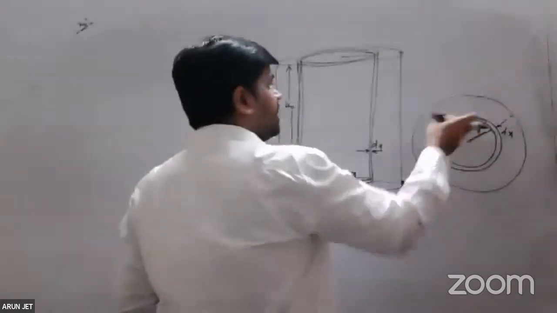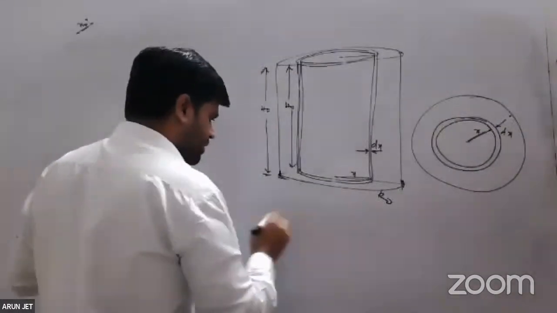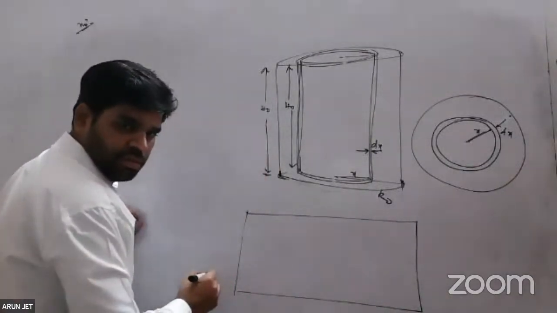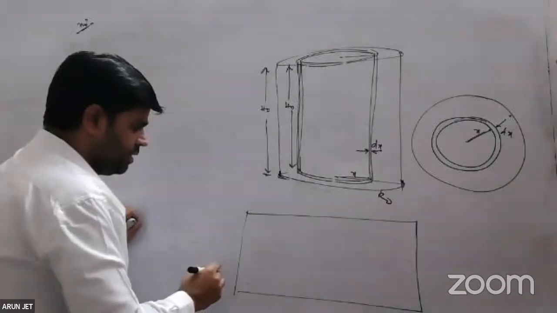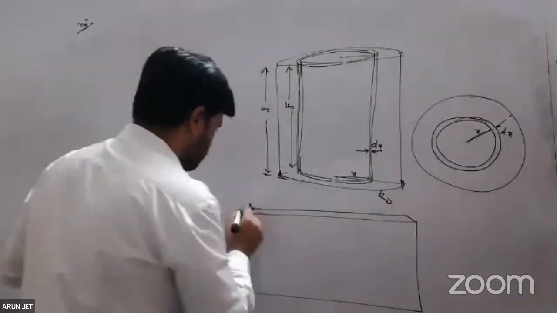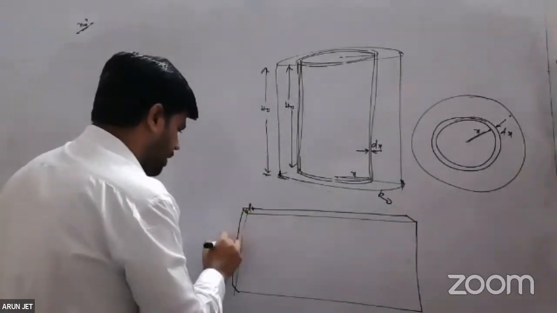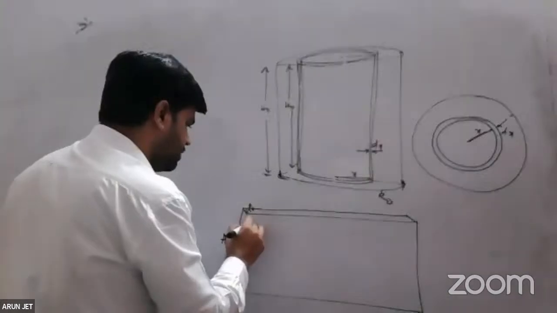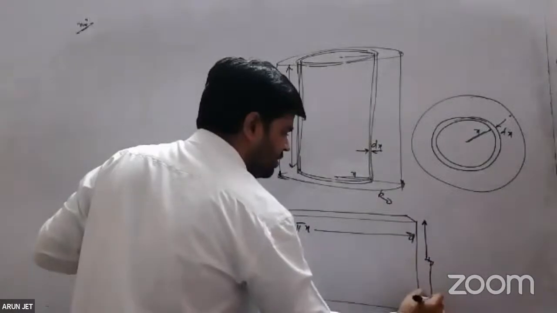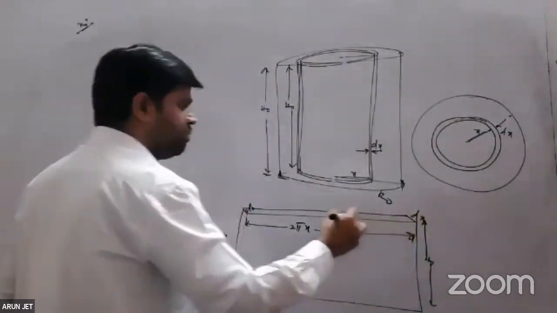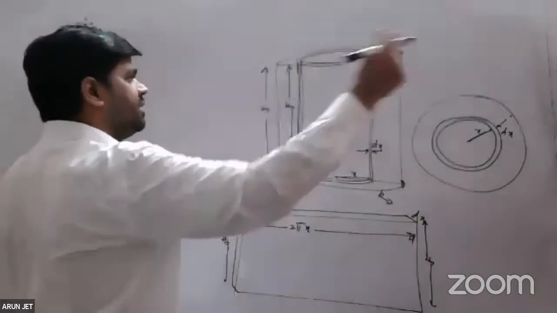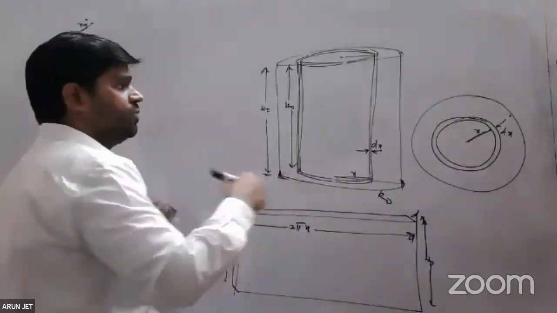If I cut it like this and open it, I'll get a rectangular sheet of width dx, height h naught and length 2 pi x. Is it clear? Tell me, is the length 2 pi x clear? The height is h naught, okay, because I opened it this way. But why will the length be 2 pi x?